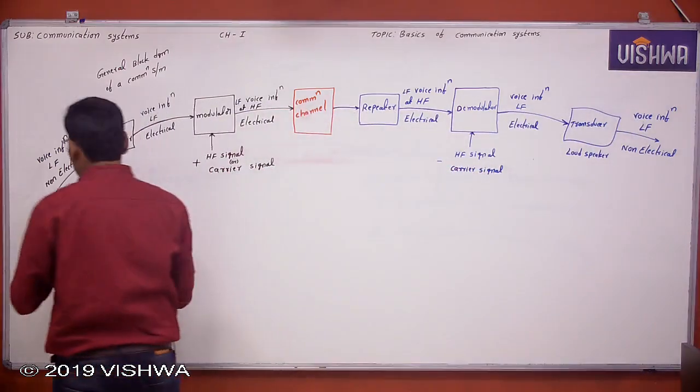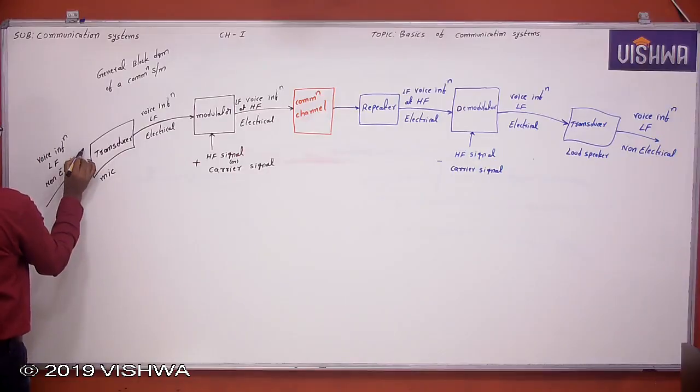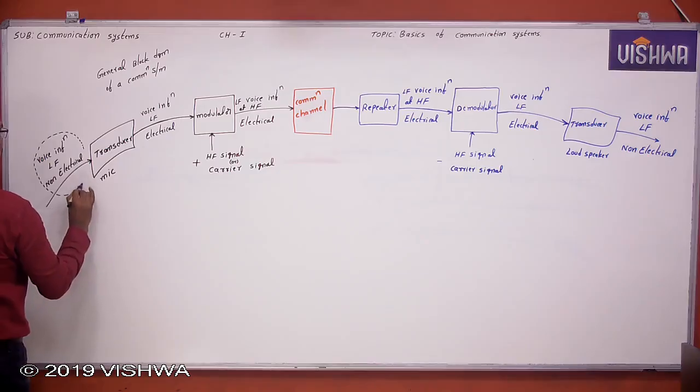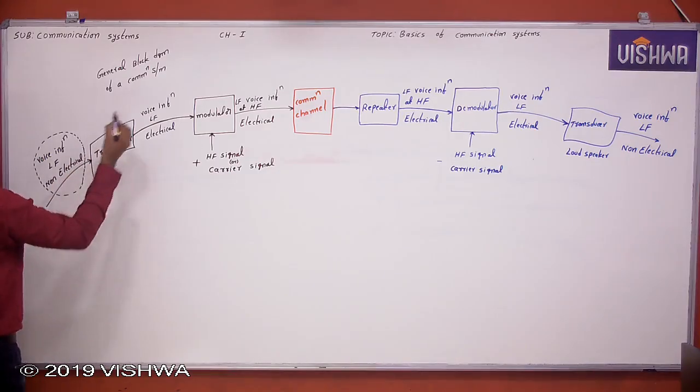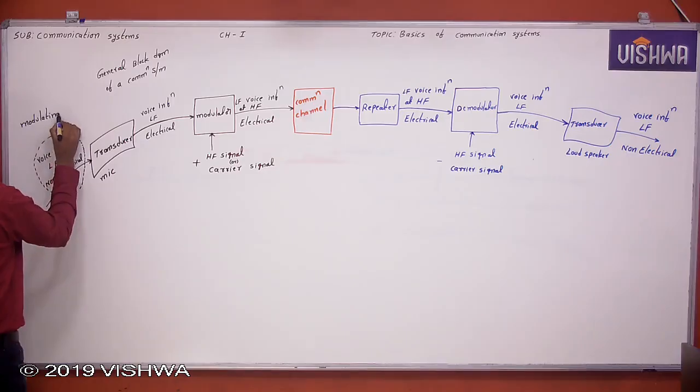Now this is the original information. This is the information which we want to transmit. Now this is the information which is going for modulation. Therefore this is called the modulating signal.